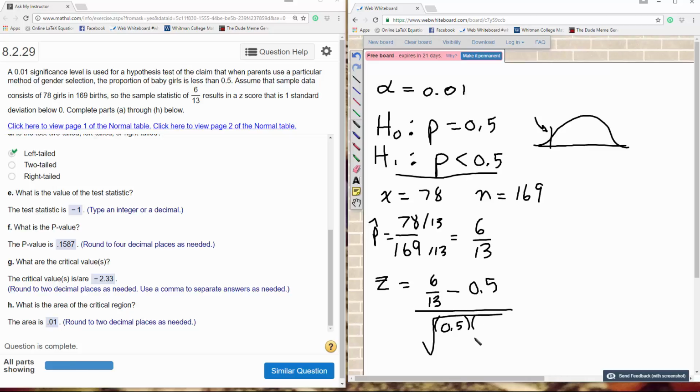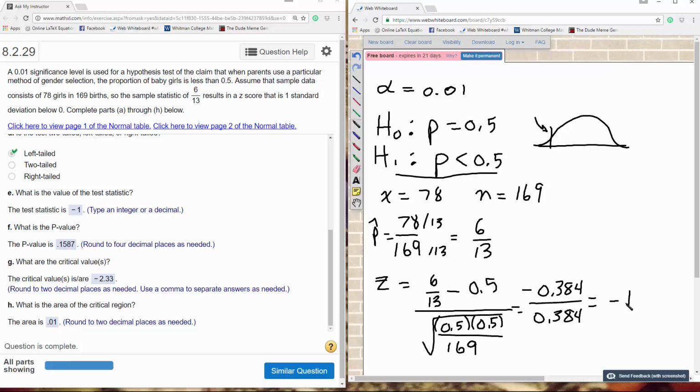Well, remember q is 1 minus p, so that would still be 0.5, over the sample size n. And if you put that in your calculator, the top portion becomes -0.038 and the bottom part becomes 0.038, and you get an answer of -1.